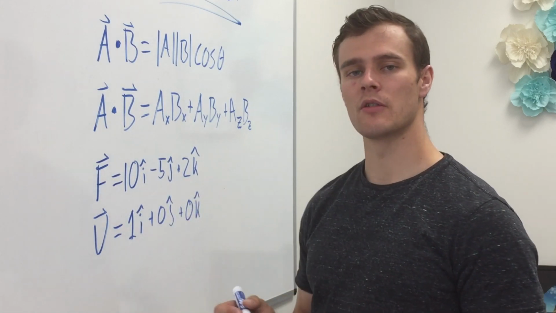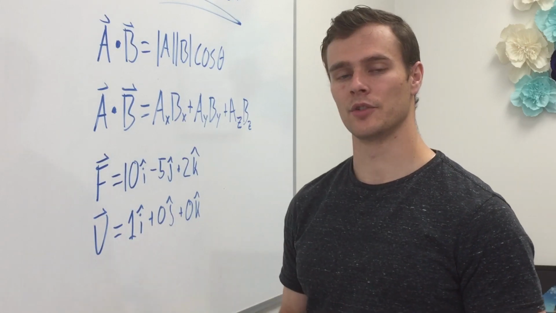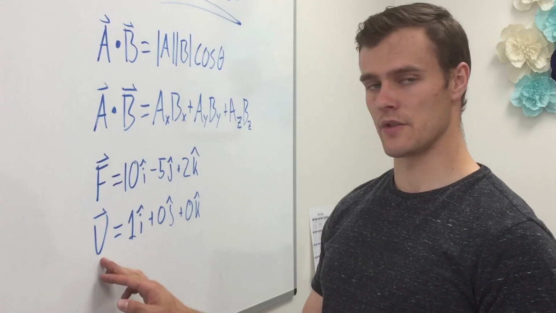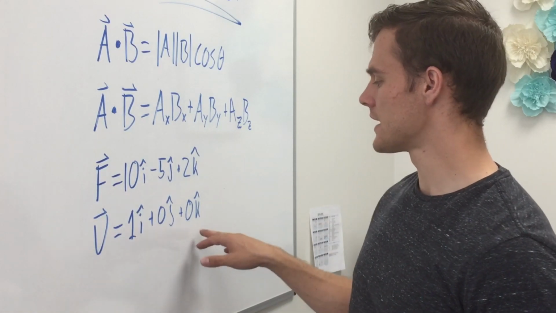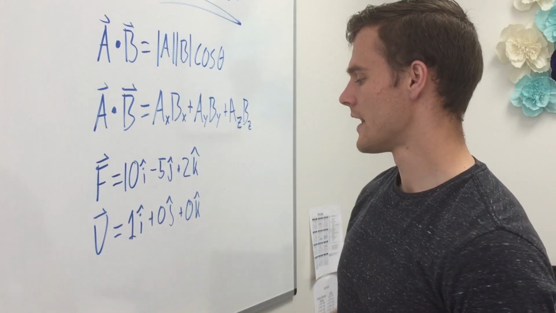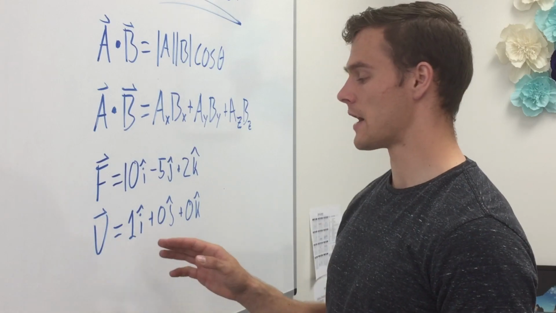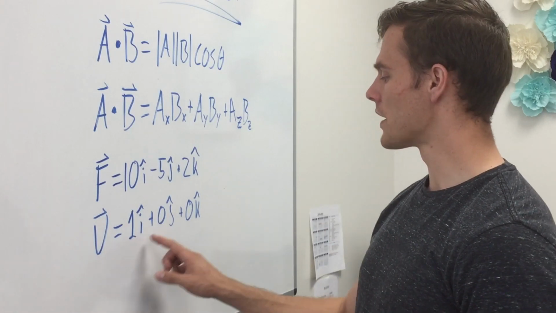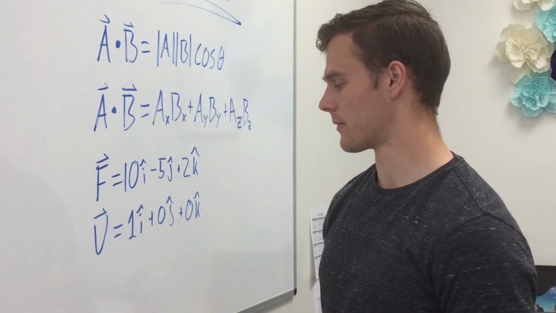Because remember, the square root of the sum of the squares of a unit vector is equal to 1, because the magnitude of a unit vector is 1. So taking the square root of the sum of the squares of this is just going to give us 1 squared, which is 1. Whenever a unit vector is going in the direction of an axis, one of these is just going to be 1 and the other ones are going to be 0.